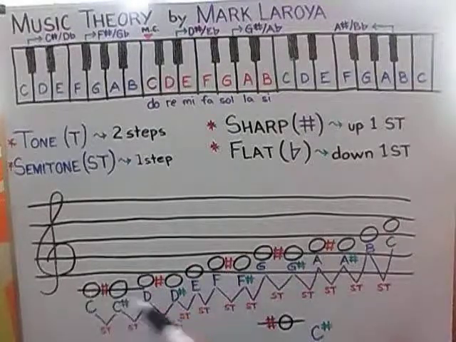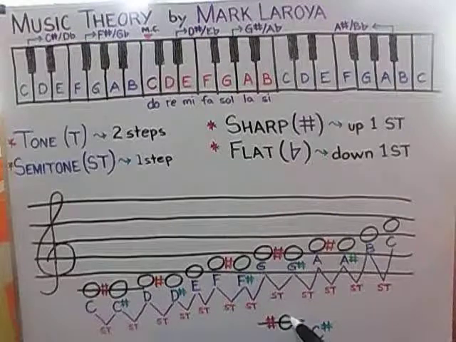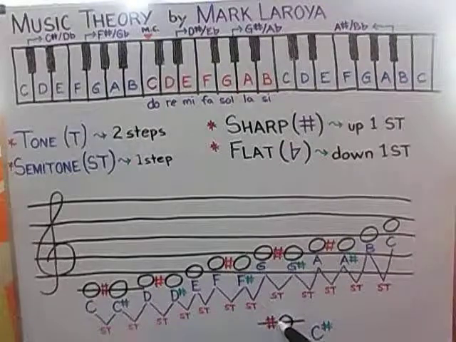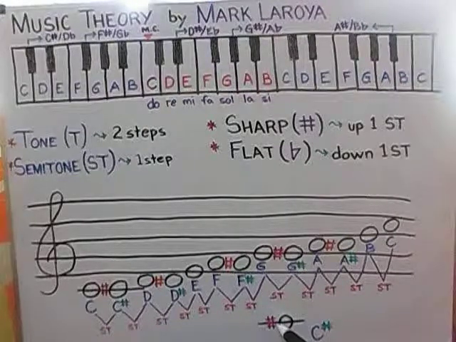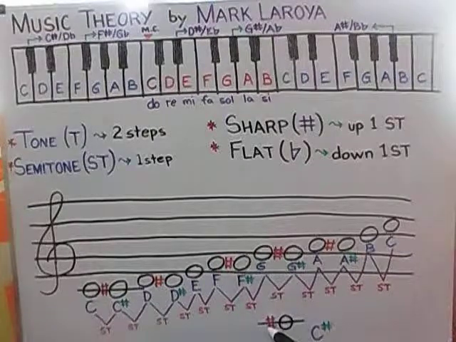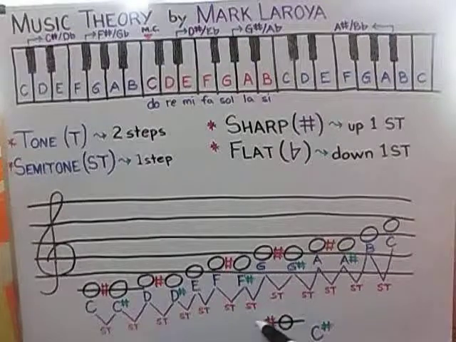Here, this is the note symbol, but before that we put the sharp symbol. So this is C sharp. We put the sharp symbol also on that line to indicate that this note on the line is sharpened.